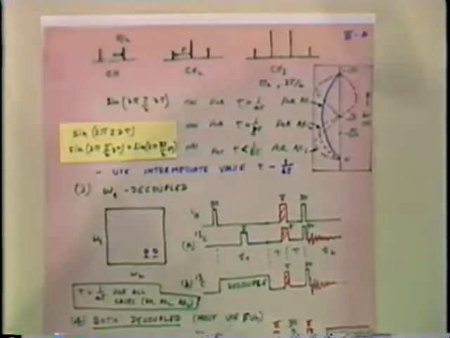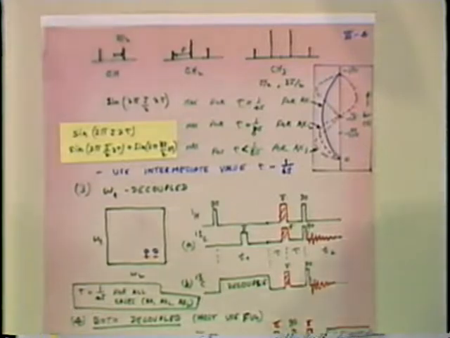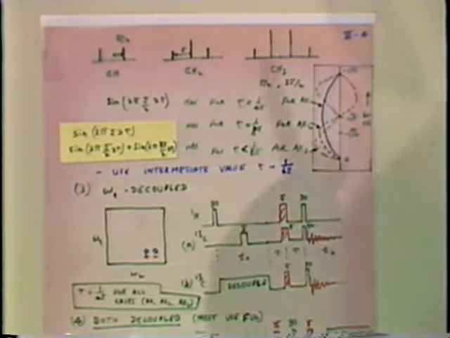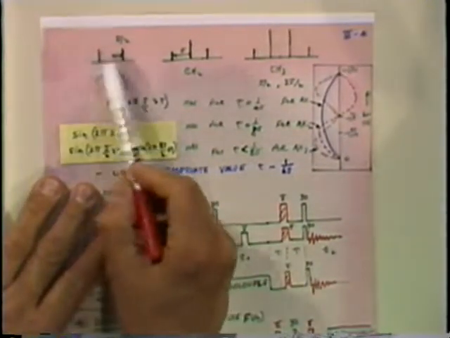A word about how much is the value of the delay. And the value of the delay is dependent on whether you have a CH group or CH2 group or CH3 group. Because if you look at the carbon spectrum, then it has a doublet, triplet, or a quartet, depending upon you have a CH, CH2, or CH3 group. And so there are various frequencies of these resonances.